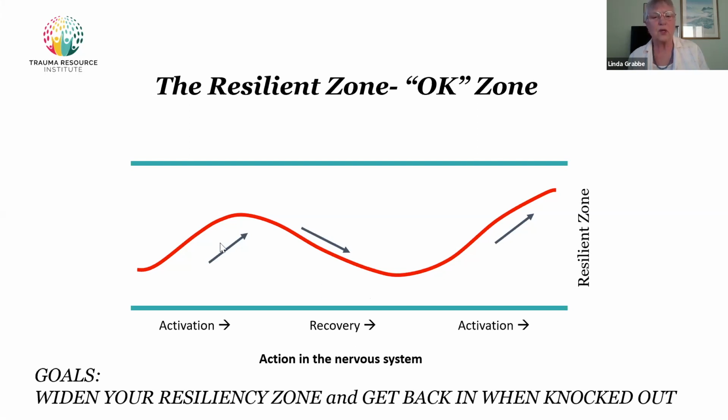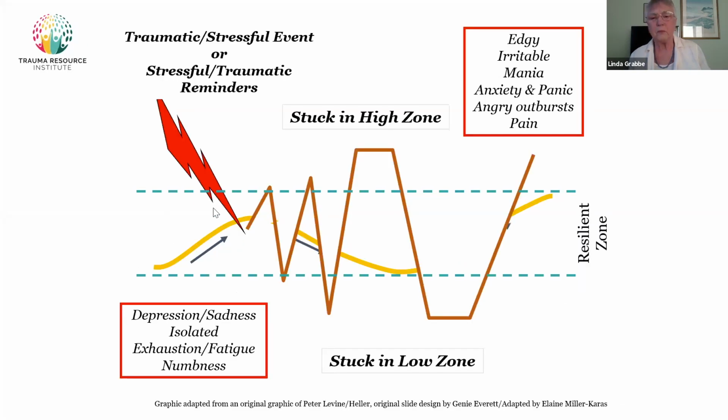And if you should have the misfortune to get bumped out, which happens to all of us, you have techniques to get back into the resilient zone. Our zone is going to be narrower if we are tired or hungry or in pain, and things happen that throw us out of kilter. Here you see there's this dysregulation. We have either too much of the sympathetic discharge, the accelerator, or too much of the brakes, the parasympathetic.